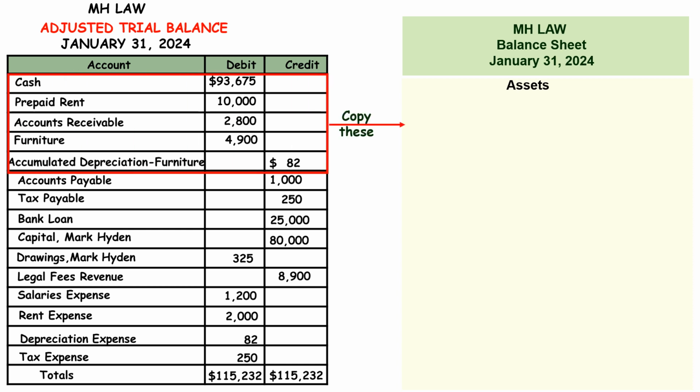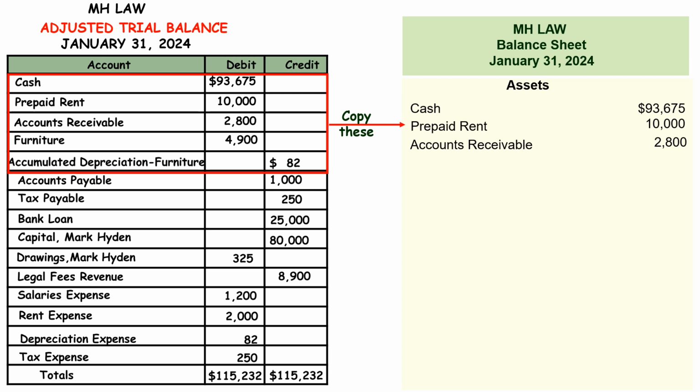So these are the assets of the business and we are going to copy them, starting with cash, prepaid, accounts receivable. Now, one of the assets is furniture also. I'm going to list that carefully because furniture is a long-term asset and it has an associated account, accumulated depreciation.